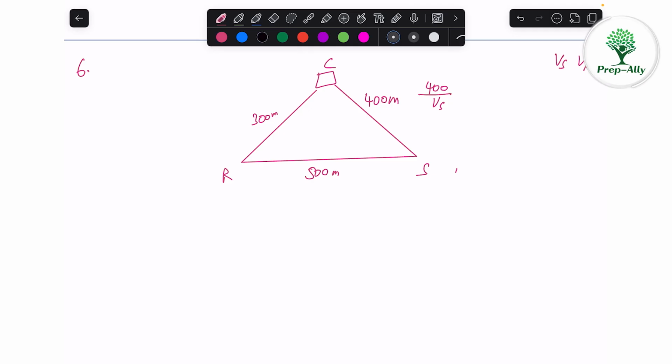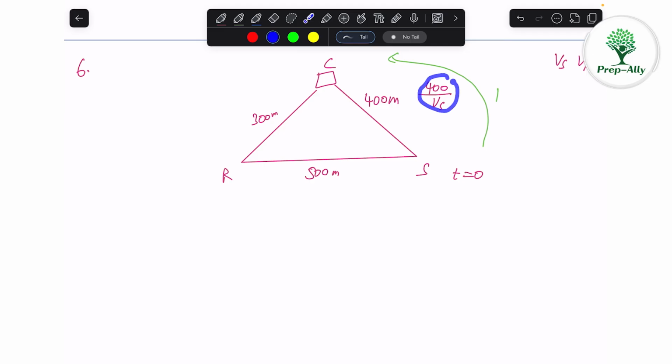That means if he leaves at time t is equal to 0, let us say in the first case, going from here to here, our clock starts at t is equal to 0, then he will reach at time 400 by Vs. Units will take care of themselves; we'll just measure the distances in meters, speed in meter per minute and time in minutes.